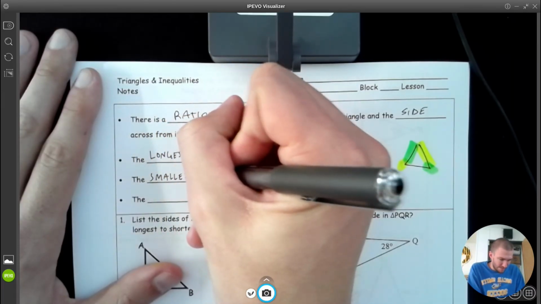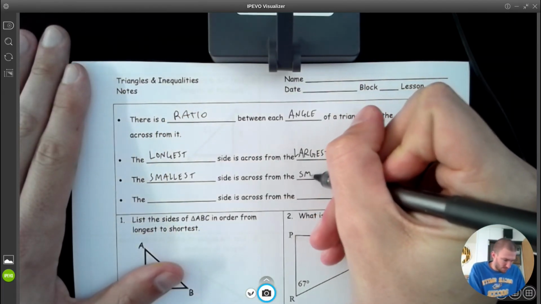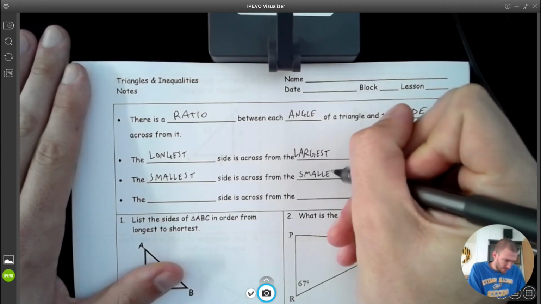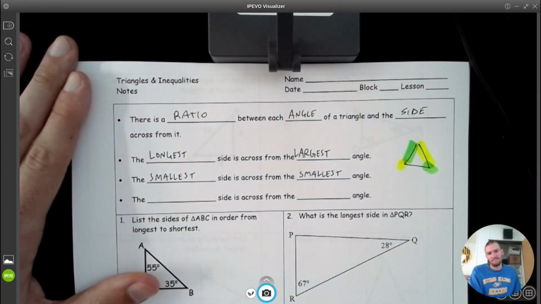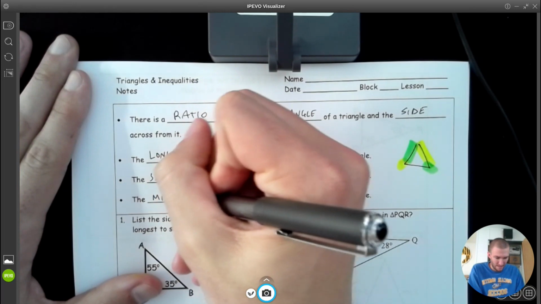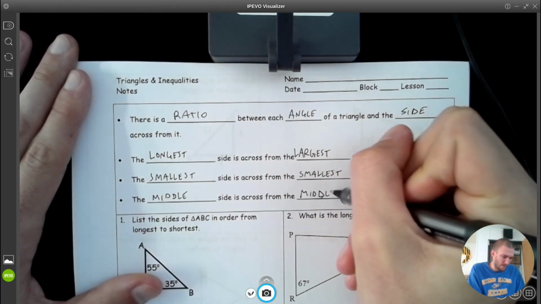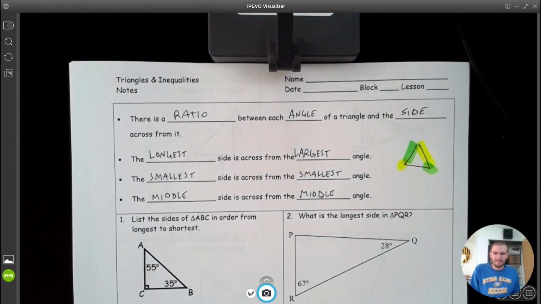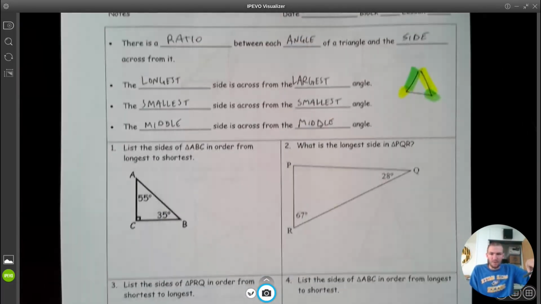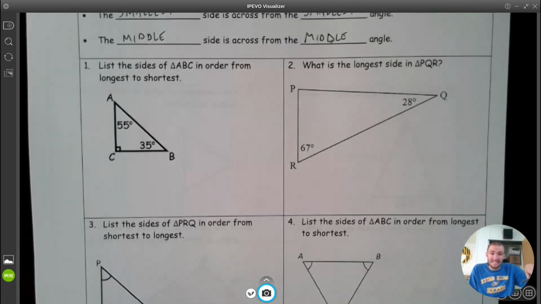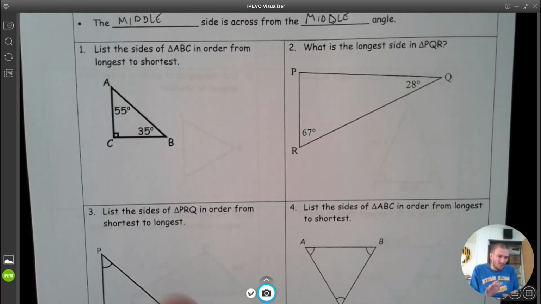Of course, that means that the smallest side is across from the smallest angle. And of course, that the middle side is across from the middle angle. So we can go through this really quickly. We don't even need Desmos unless you get into a thing where you really want to kind of be tight and check what the angles are.